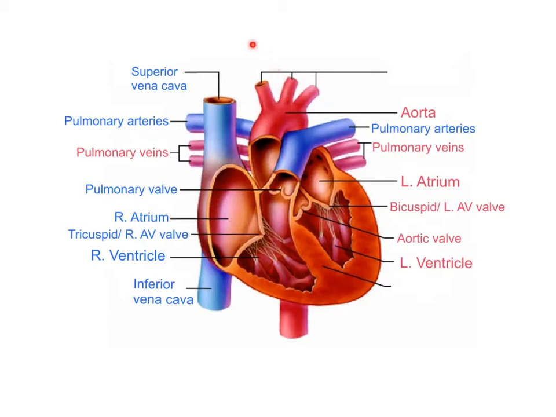After it leaves the aorta, it's going to go to the body. So this is the anatomy of the heart, and I sort of also walked you through the blood flow, but we're going to walk through that one more time on the next slide. But check your work, and if you got something wrong, make sure you fix it. And let's talk a little bit about the blood flow one more time.